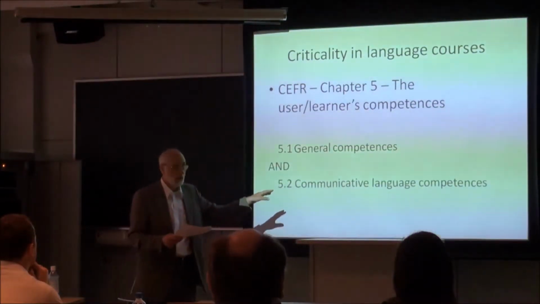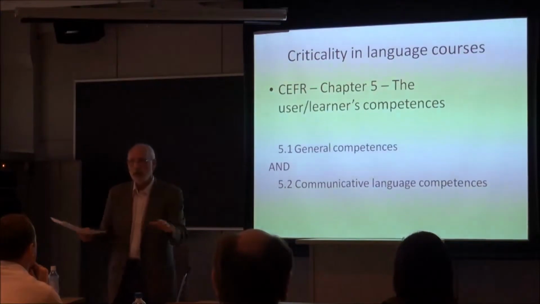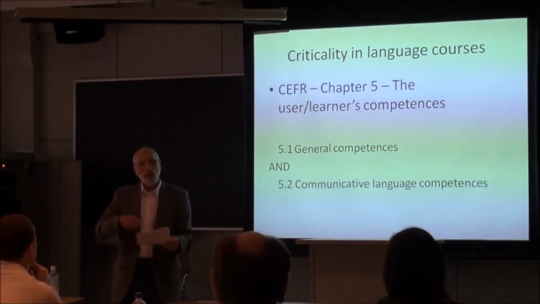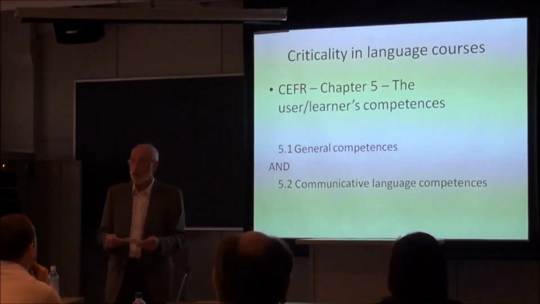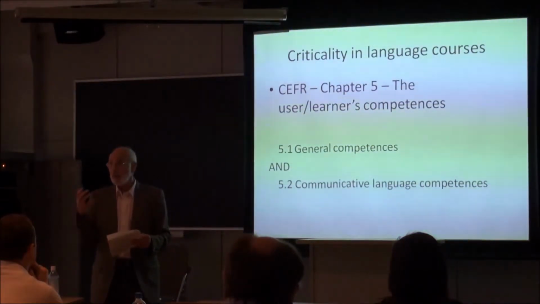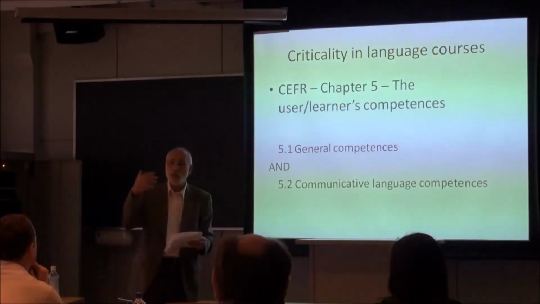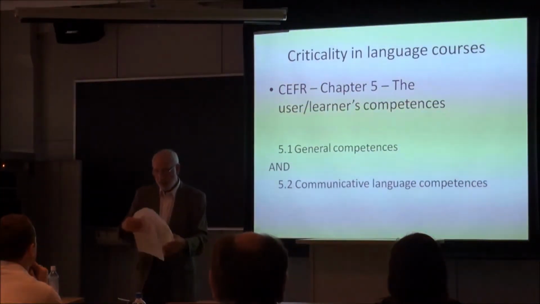Of course, we need linguistic competences and communicative competences of a socio-linguistic kind, but without perhaps being so conscious of it, and perhaps without having consciously been taught, we do draw upon general competences. Let me give you an example.